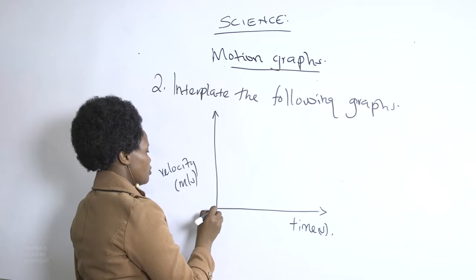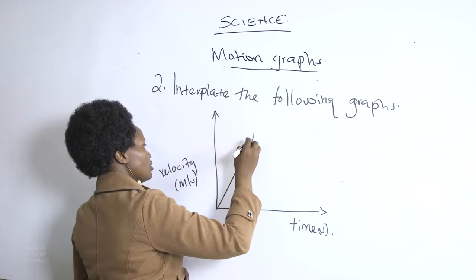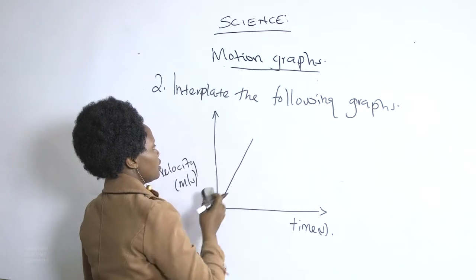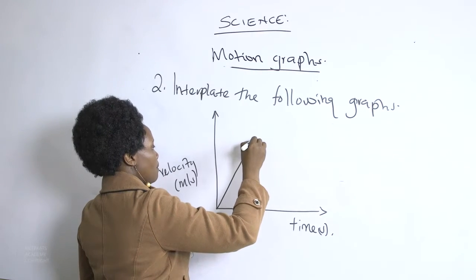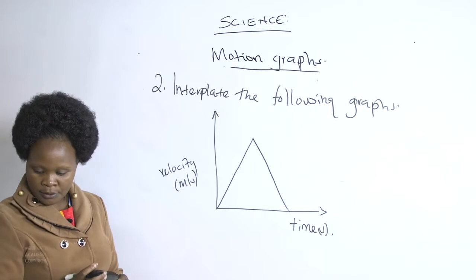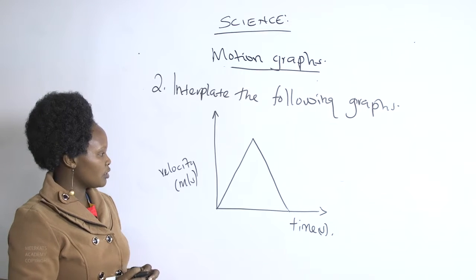It's actually a straight line through the origin, and again we have another straight line with negative gradient.